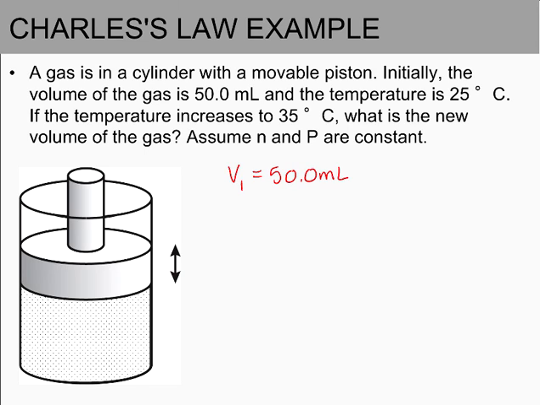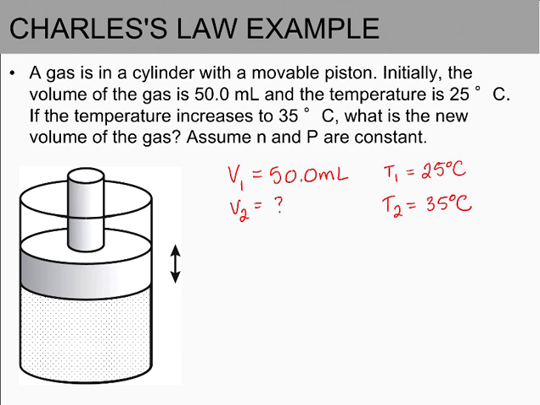And then the temperature, T1, is 25 degrees Celsius. If the temperature increases to T2, 35 degrees Celsius, what is the new volume of the gas? And again, we're going to assume that the amount of the gas N and the pressure P are constant.